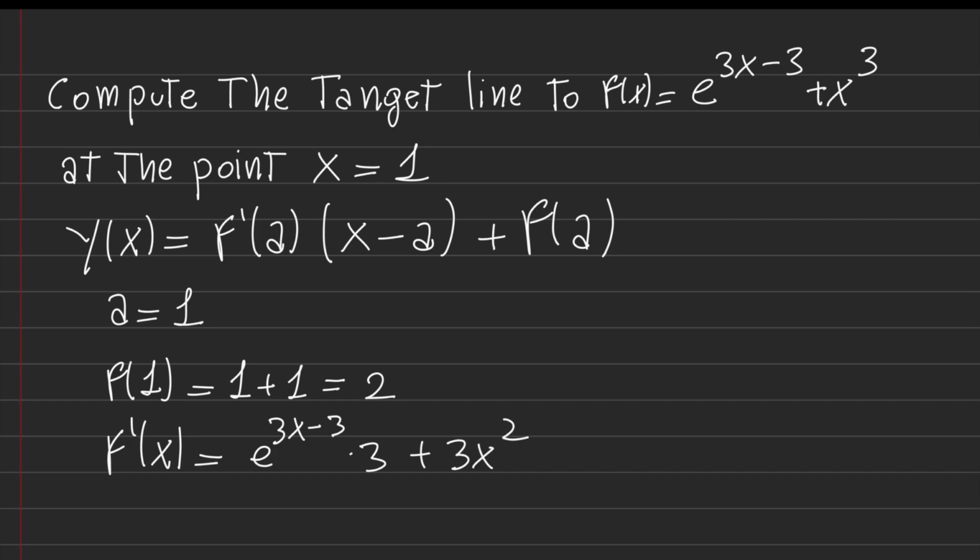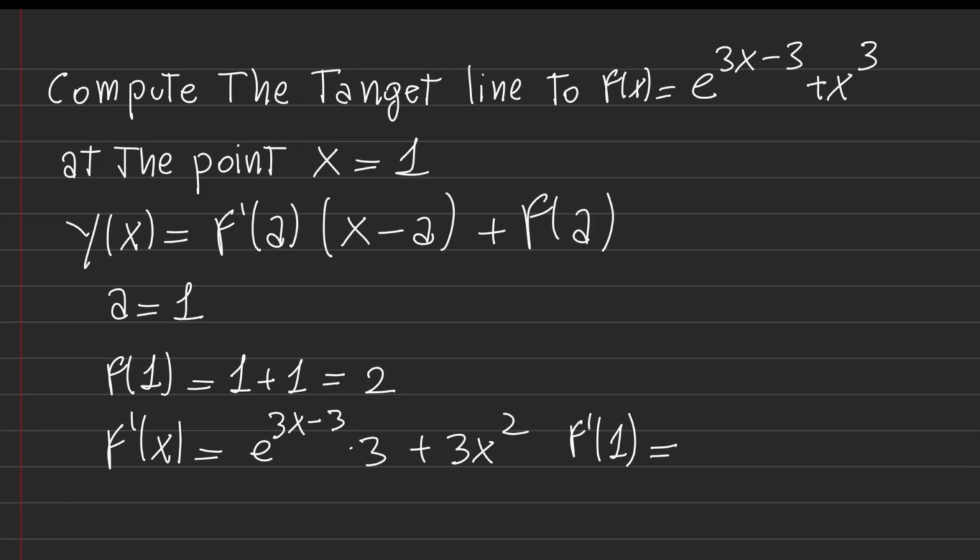And then I have to evaluate this derivative, f prime, at the point equal to 1. And I get e to the 0, which is 1, times 3, plus 3, is 6. Therefore, my tangent line is y of x equal to f prime of the point, which is 6, times x minus a, in this case 1, so x minus 1, plus f of a, which is 2.